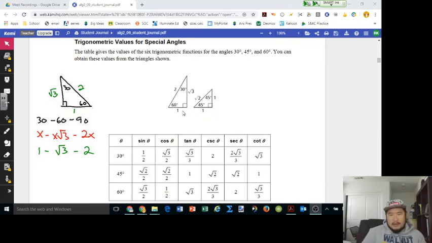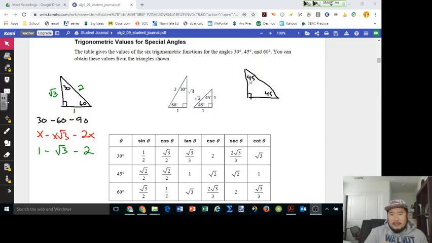Let's go ahead and we could do the same thing for a 45, 45, 90 right triangle. Now, when you think about the angles of this triangle right here, 2 of them happen to be the same. So if 2 of these angles are the same in this right triangle, or in any triangle, that means it's isosceles.